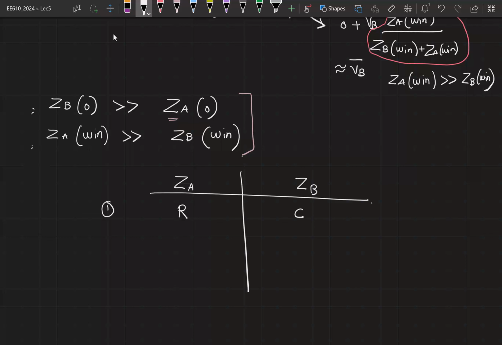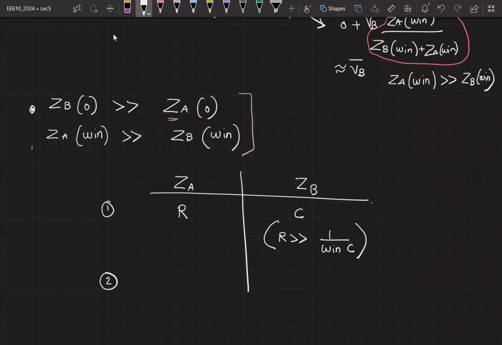The impedance of a capacitor is infinite at DC, therefore the first condition is automatically satisfied. What does the second condition give you? Your R has to be much greater than 1 by omega n into C. We also derived it using a different method and got a similar result: C should be much greater than 1 by omega n into R. Okay, what is the other possibility?